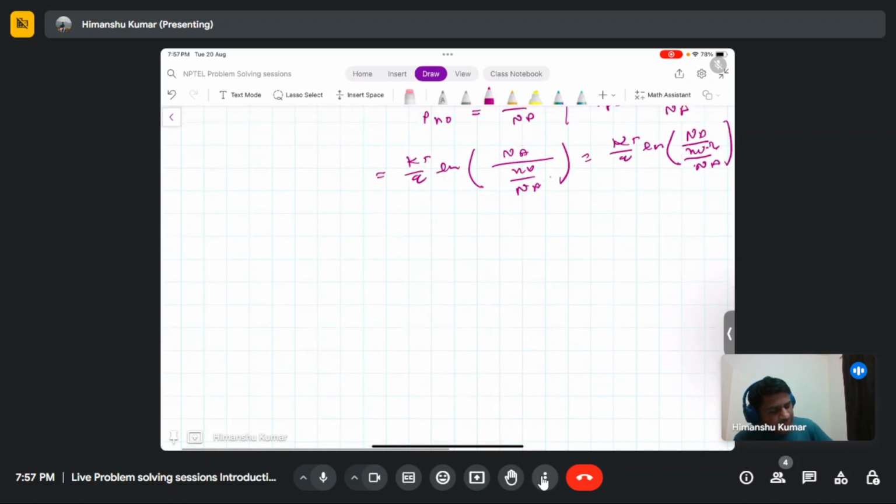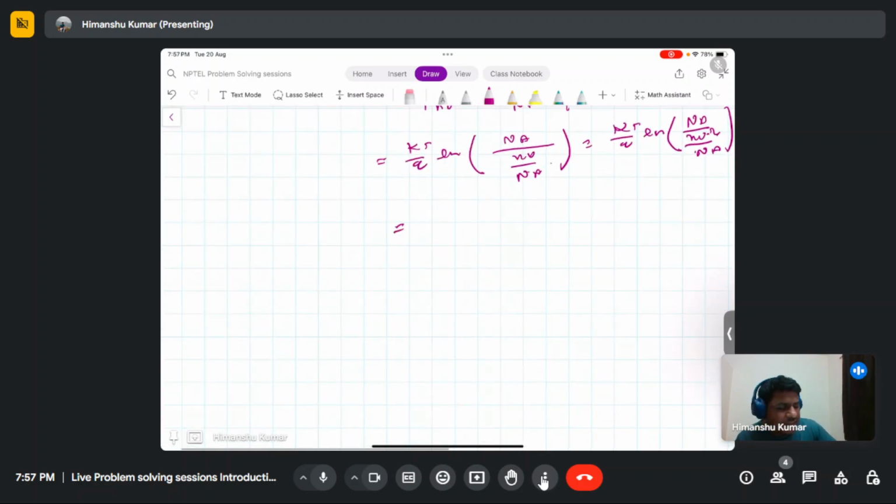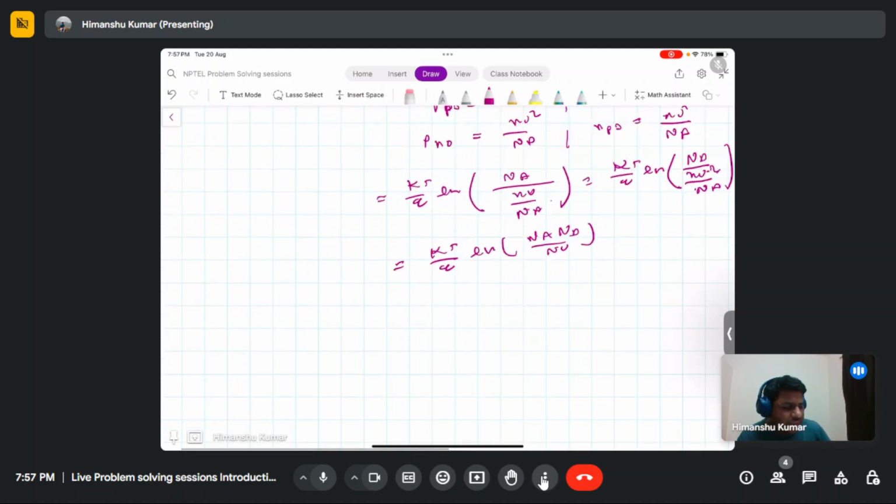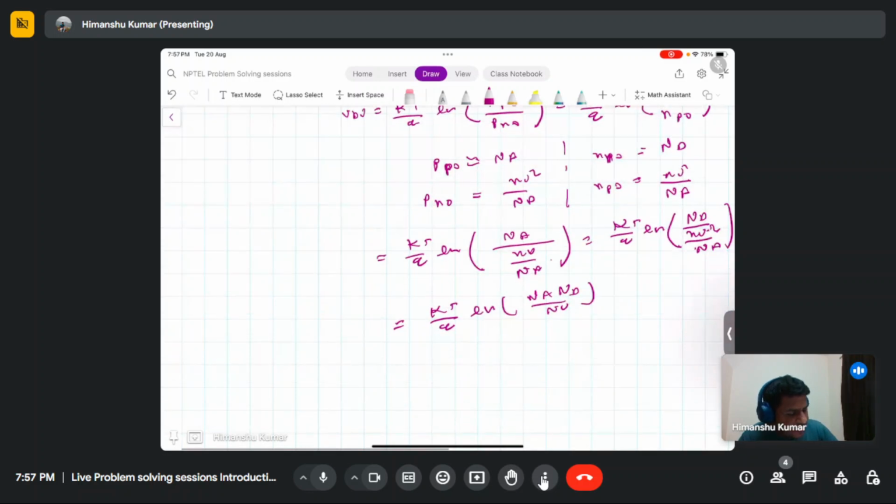If you simplify, in both cases you get Kt by Q ln of Na Nd by Ni square. It does not matter which carrier you consider. If you assume complete ionization, the built-in potential remains the same, and that is the equation.